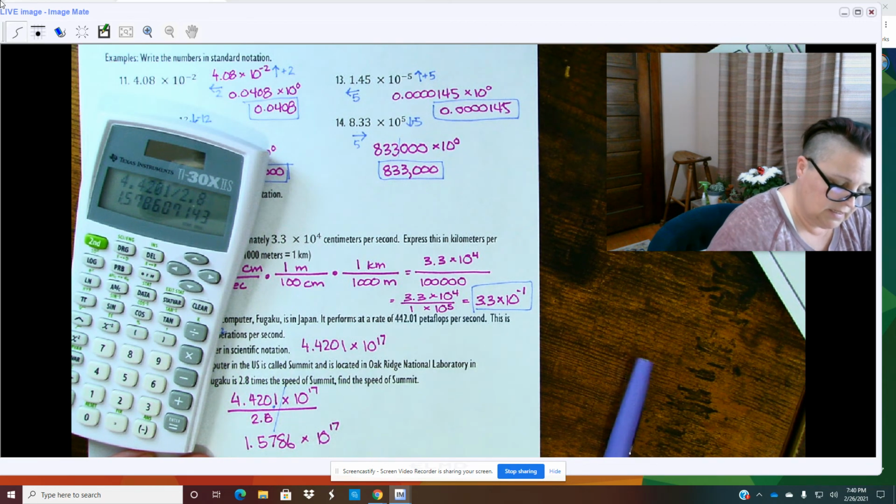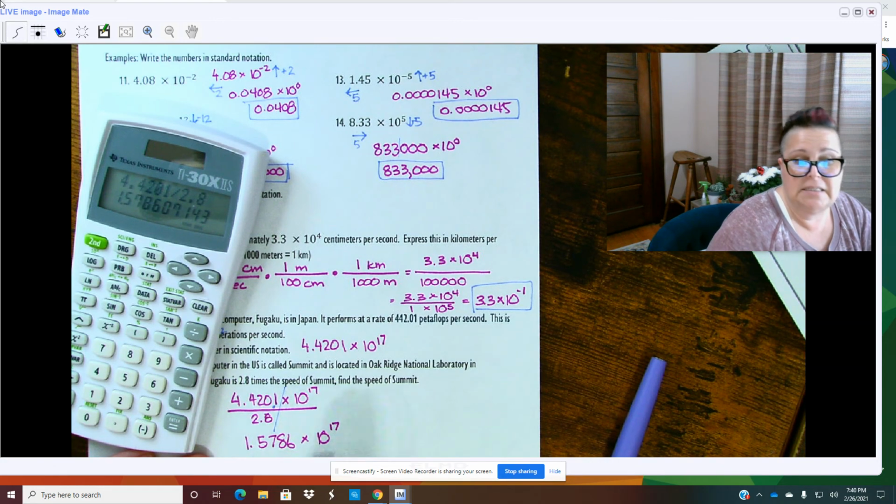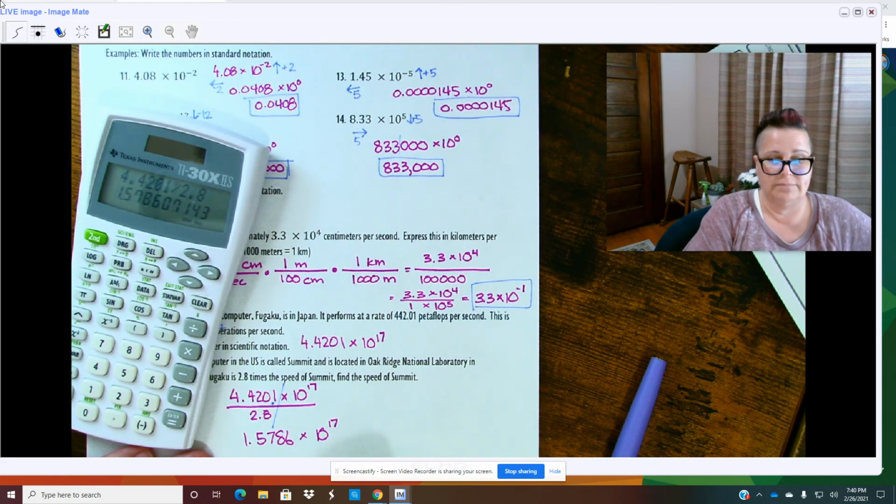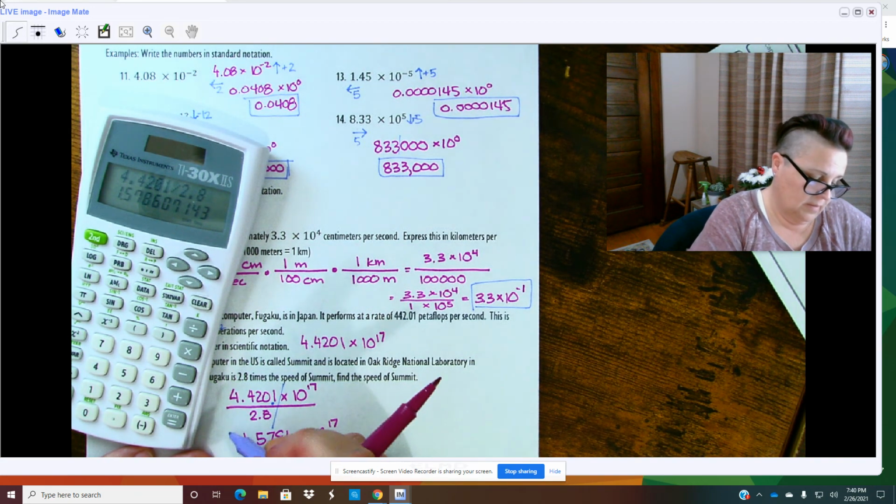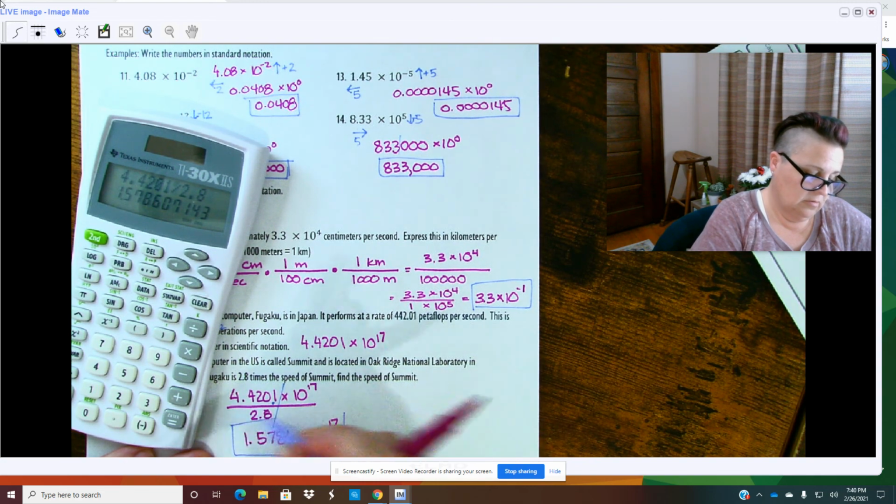So that's just going to stay times 10 to the 17th. Is this in proper scientific notation? Well, that coefficient is between 1 and 10, so that works. It's good. So 1.578 times 10 to the 17th would be the processing speed of Summit. Boy, that's still very fast.